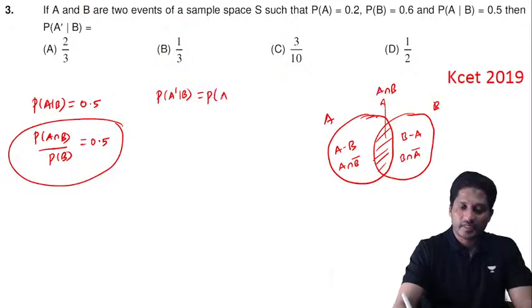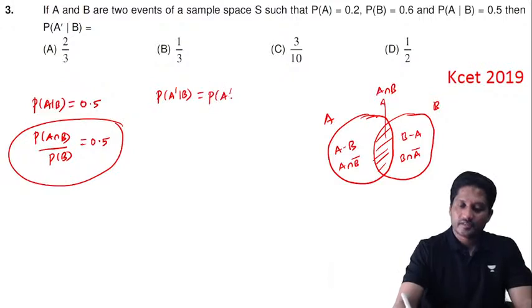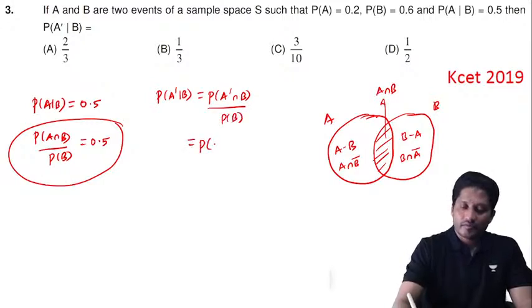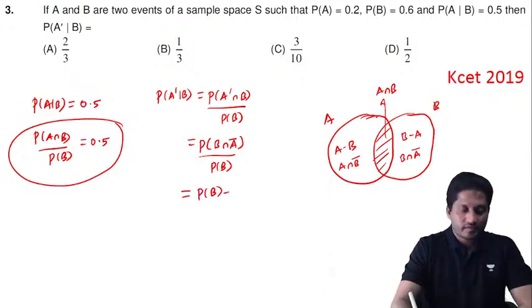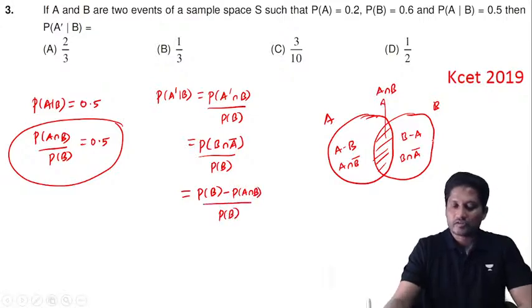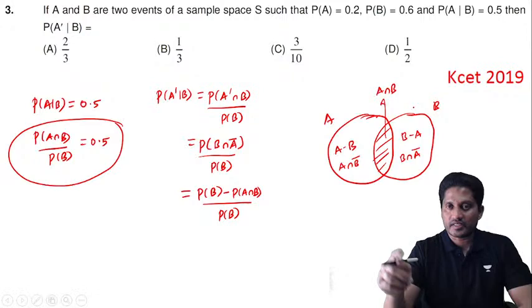P of A dash given B is P of A dash intersection B divided by P of B. Right, this is P of B intersection A dash, which is nothing but B intersection A bar, both are the same, upon P of B. Now if I look into P of B intersection A bar, I am going to take full P of B minus P of A intersection B, divided by P of B. Right, so I take full P of B and cut that intersection part.